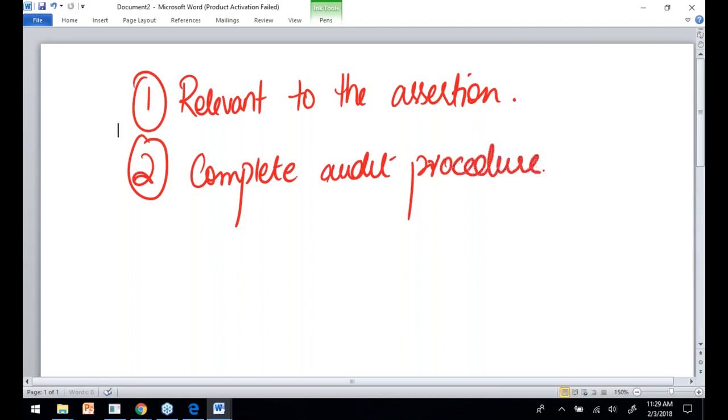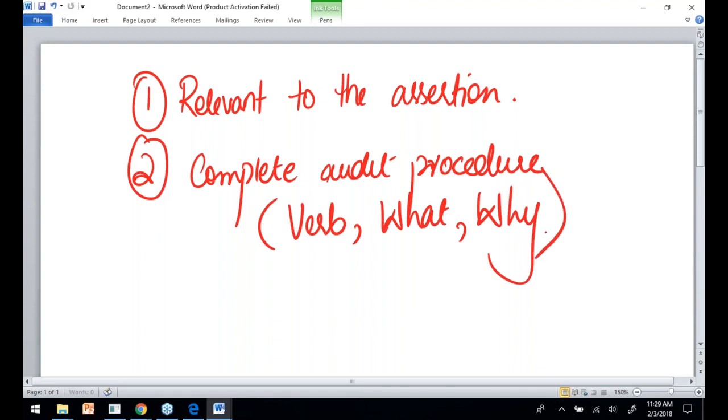Often students end up writing incomplete audit procedures. It should have a verb, a what, and a why. This is a technique that is similar for TOCs and substantive procedures. Whenever you're writing audit procedures, it should start with a verb, tell you what you're checking, and tell you why you're checking it.